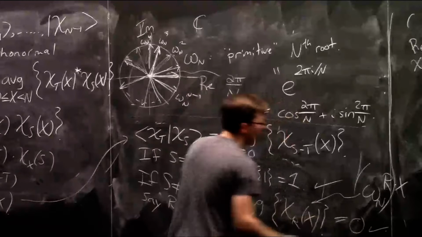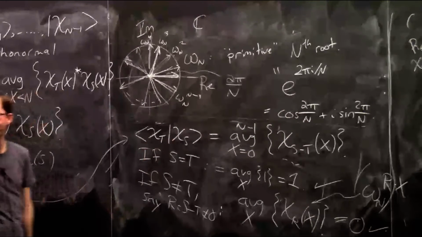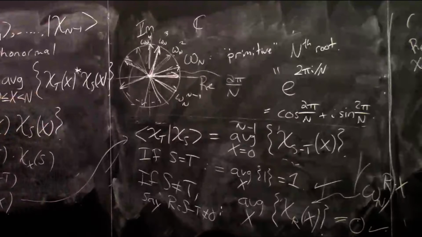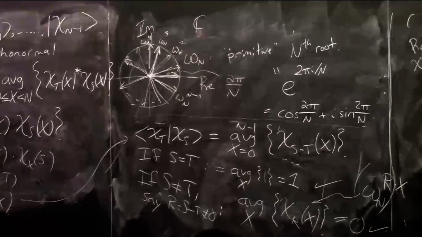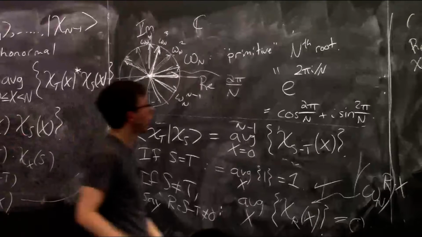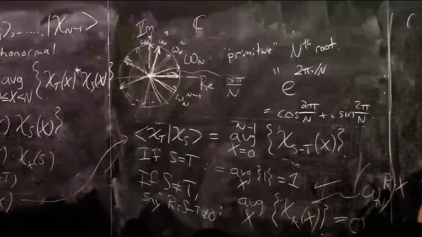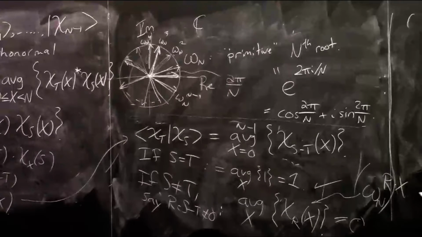This is 0, which is what we want it to be. That says that these guys are perpendicular. Great. So now we have orthonormal vectors or orthonormal functions. We can have a genuine Fourier transform from them.